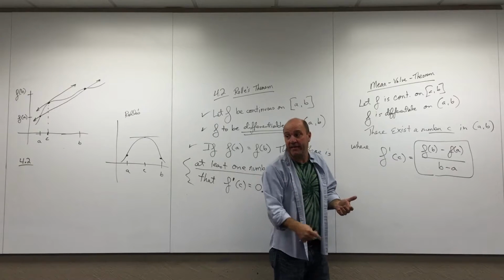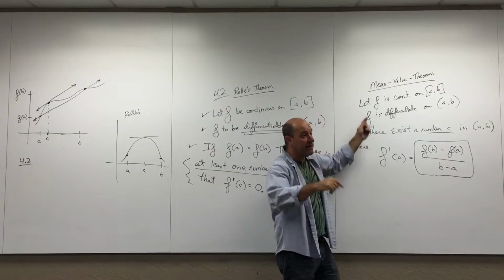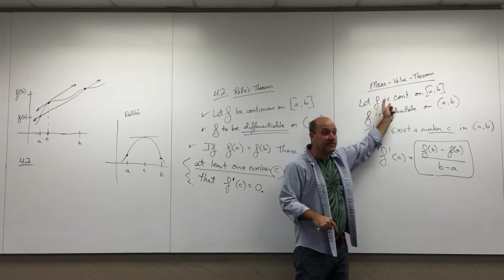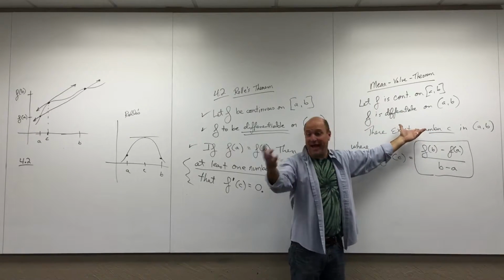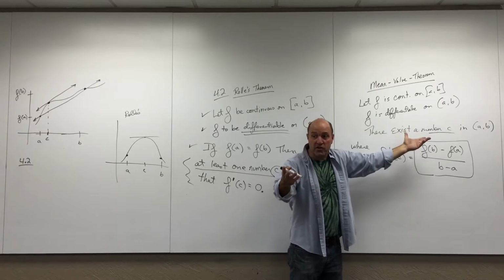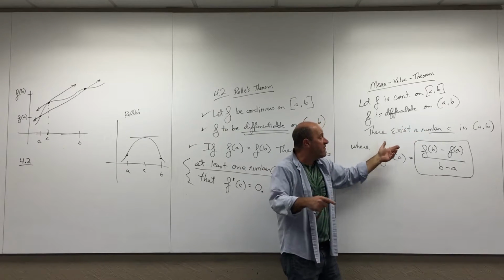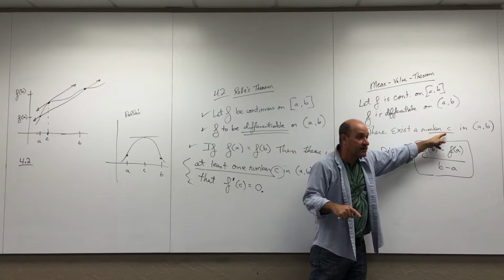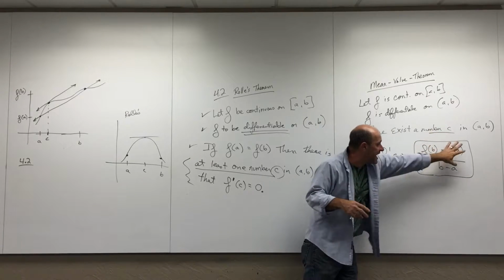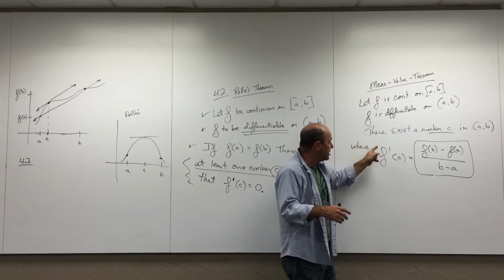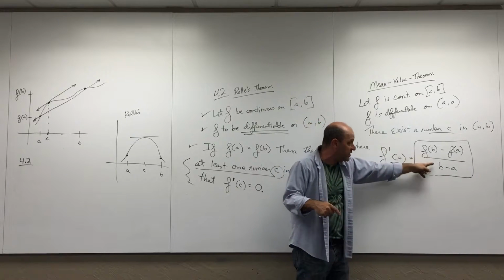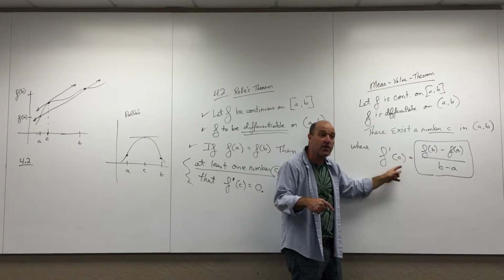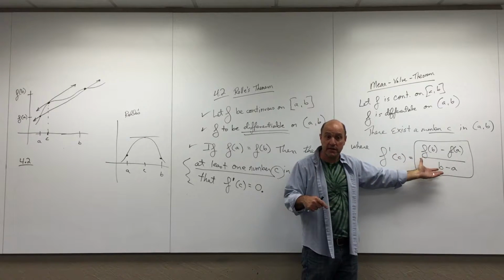You make sure your function is continuous and that it looks like it's differentiable, and then you can apply the theorem. Then what they usually say is to find that number c. So you should do the derivative, and you're looking for the c value when the derivative equals this.